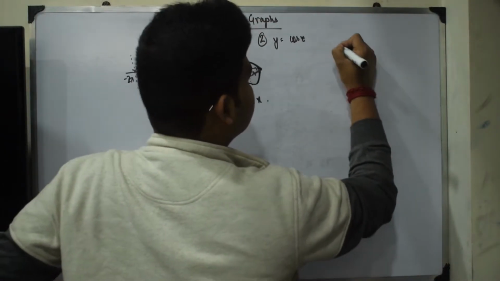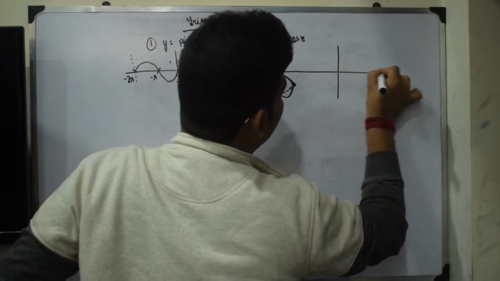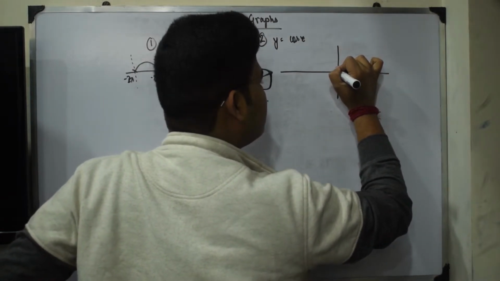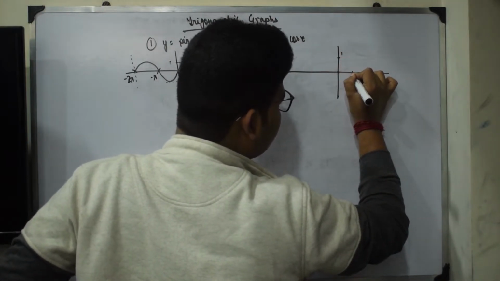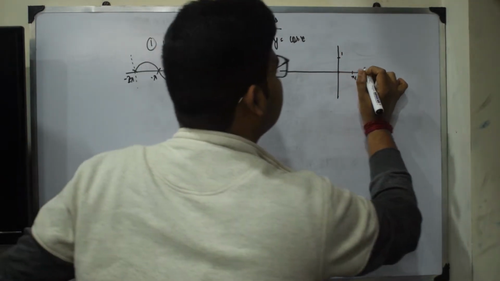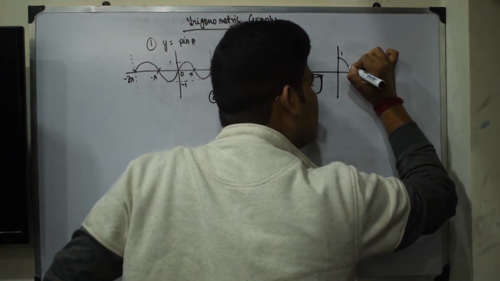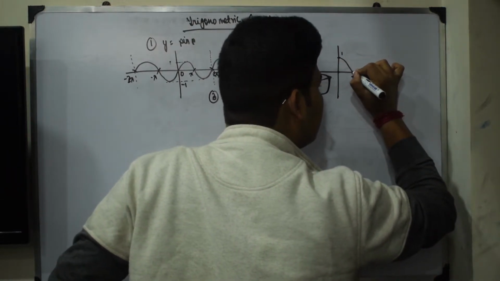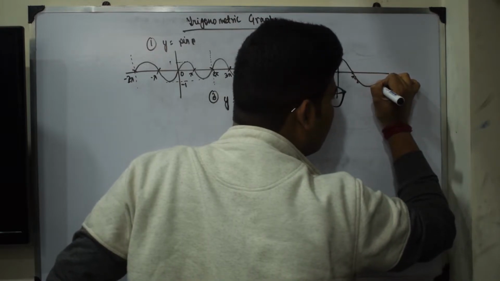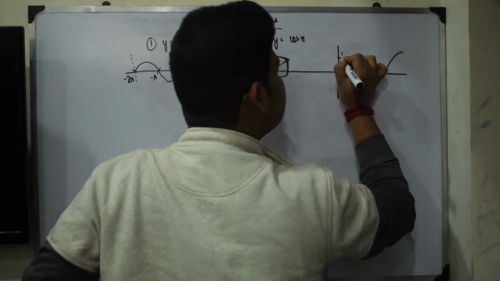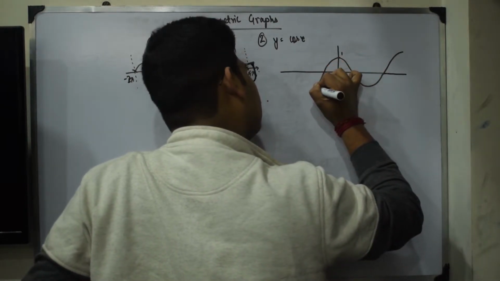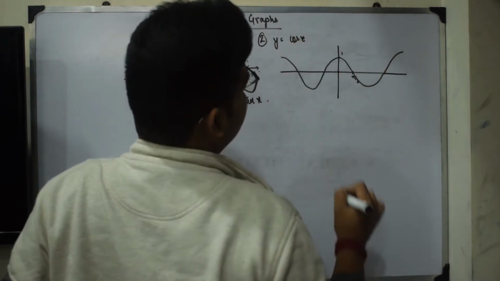Now cos x. Cos of 0 gives us a 1. So the graph will start here, and cos of pi by 2 gives us a 0. So the graph goes like this, same here. Okay.